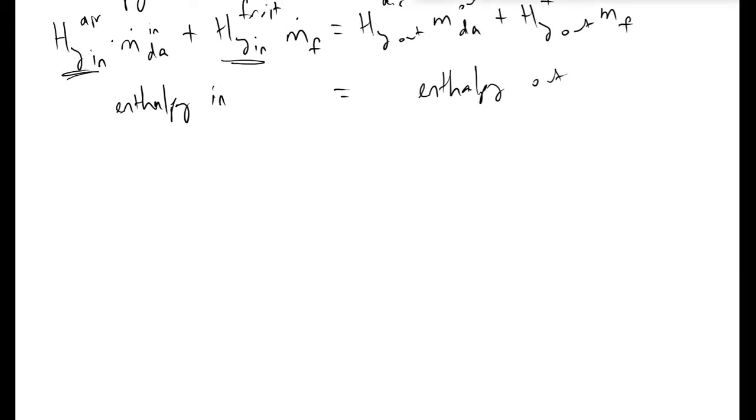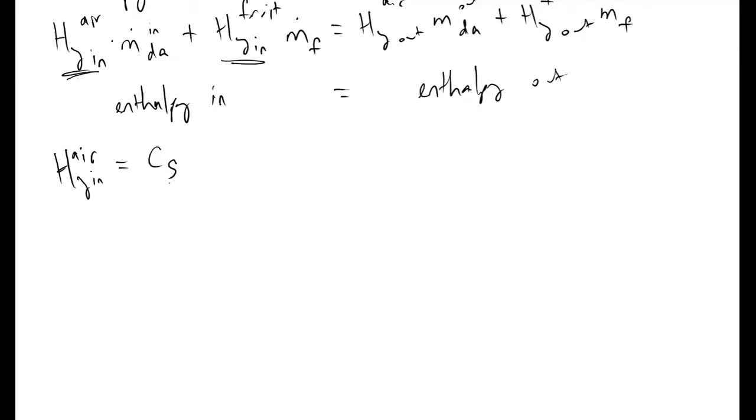And so if we examine the enthalpy in of our air, it will have two contributors. It will have a term referred to as the specific enthalpy of the air, C_S.